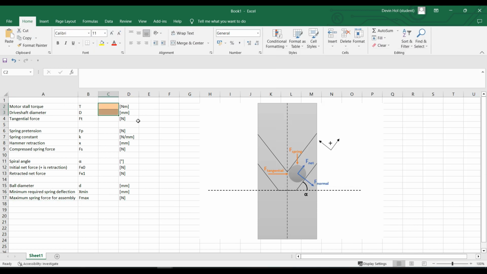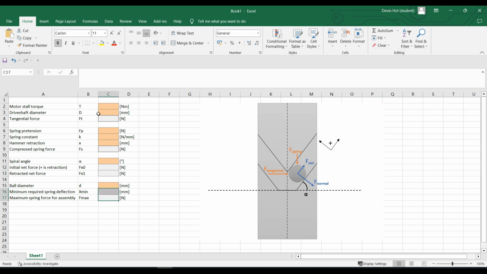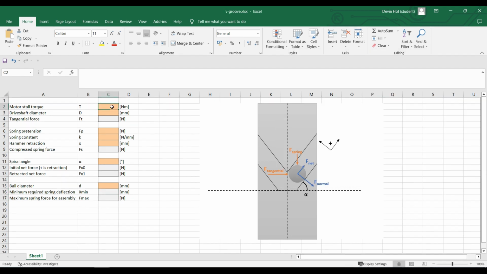To make a distinction between the input and output parameters, we make the input cells orange and the output cells gray. In the orange cells we list the input values that I initially chose for my design. We already know the stall torque of the drill is 12.5 Newton-meter.